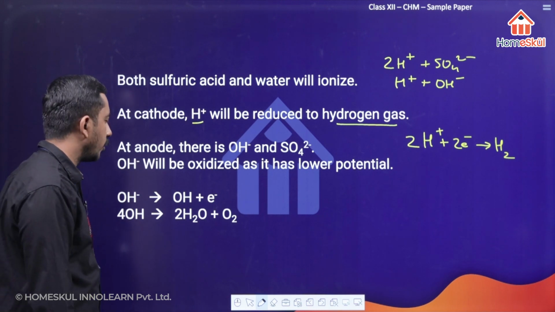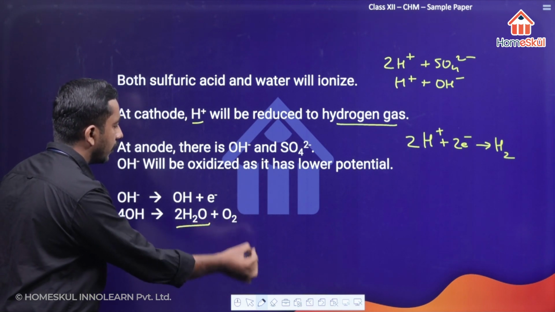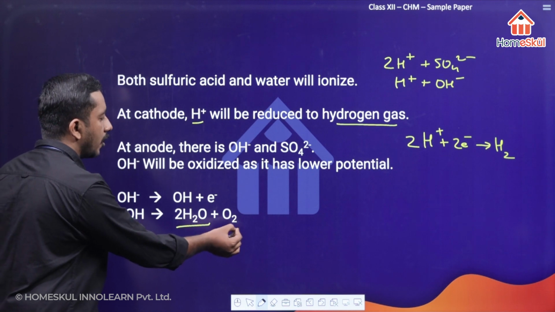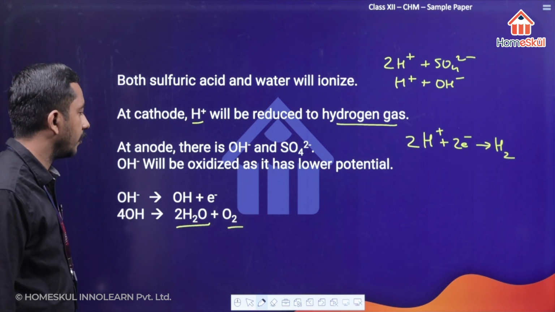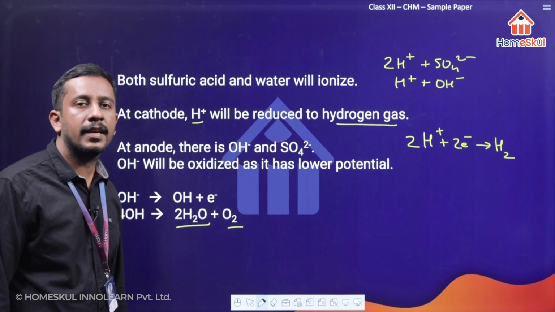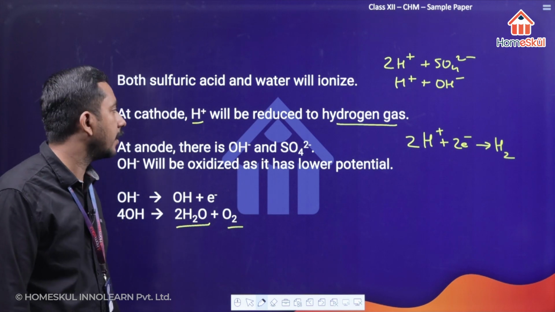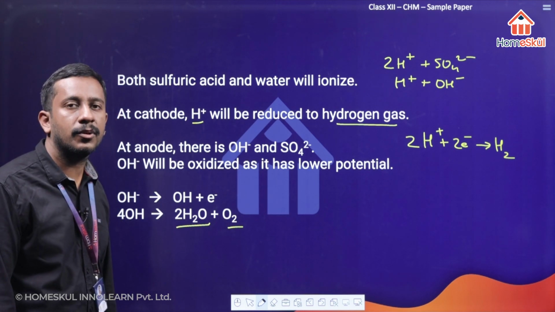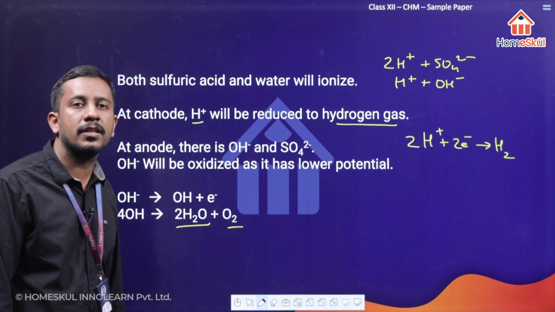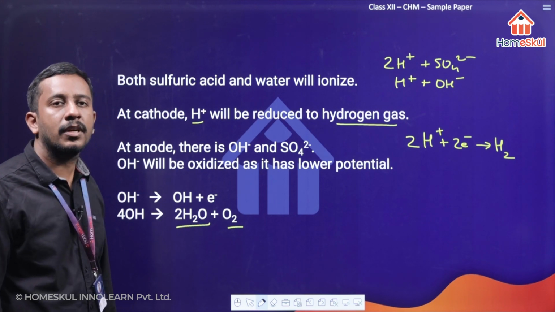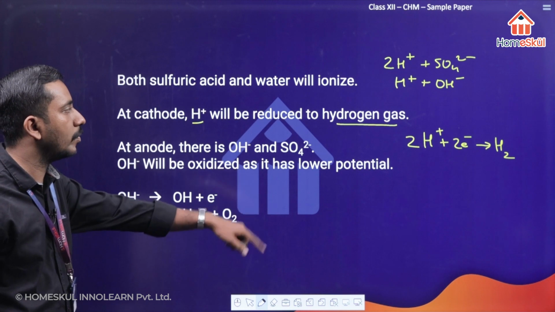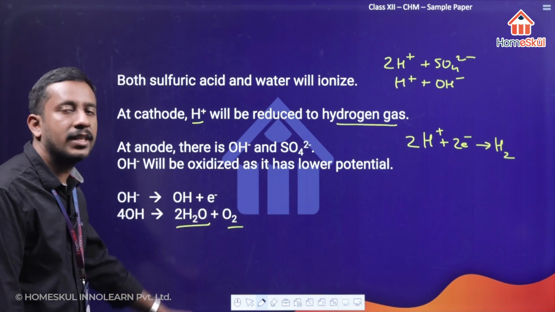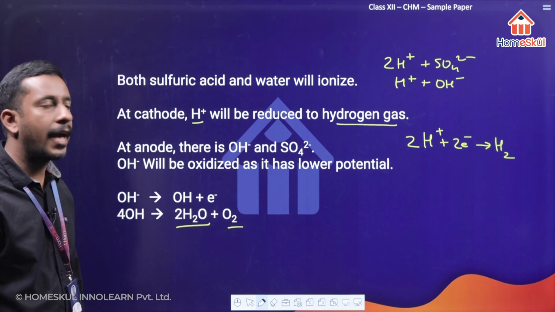And 4 hydroxide ions will react to give you 2 water molecules and oxygen gas will be liberated. Right? So oxygen gas will be liberated at the anode and hydrogen gas will be liberated at the cathode. So those are the products of electrolysis of an aqueous solution of sulfuric acid. Hydrogen gas will be liberated at the cathode and oxygen gas will be liberated at the anode.